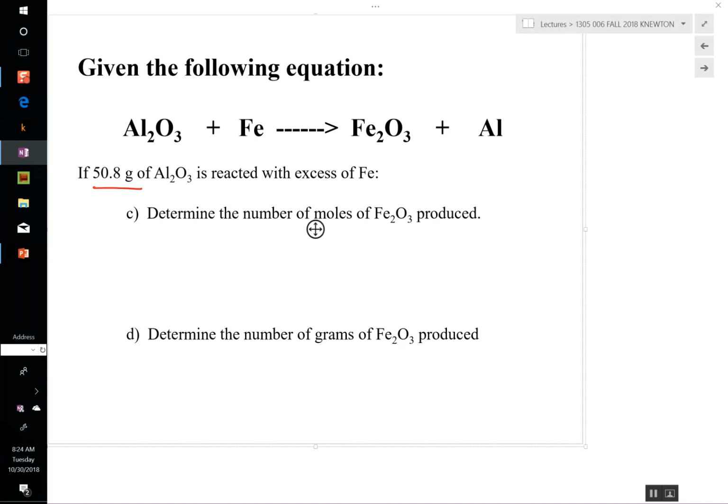So here's part C, since we already did A and B. Go ahead and set this problem up and figure out how many moles would be produced. Remember we had it balanced here.